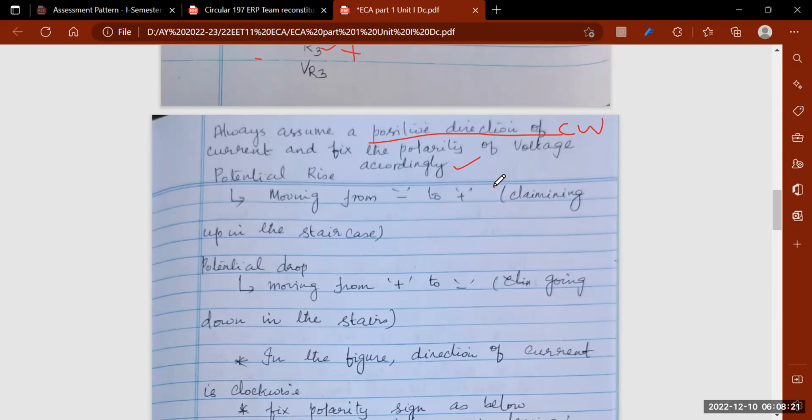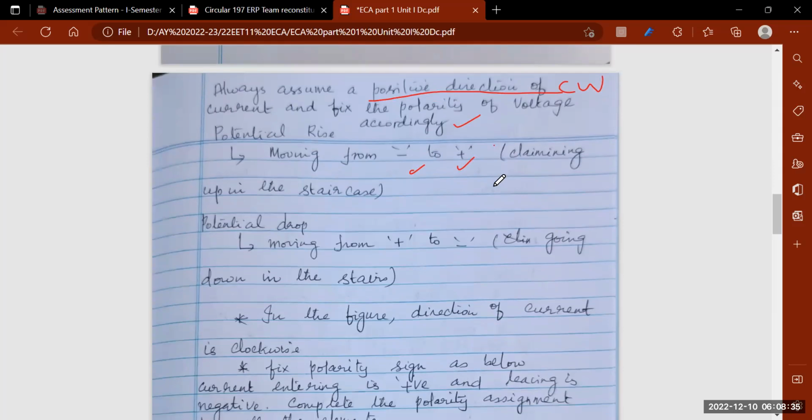If you are moving from minus to plus, it is called a potential rise. That is, you are climbing from the ground to the first floor in your staircase. And if you are moving from plus to minus, it is called a potential drop. So going down the stairs is to be visualized as the potential drop.